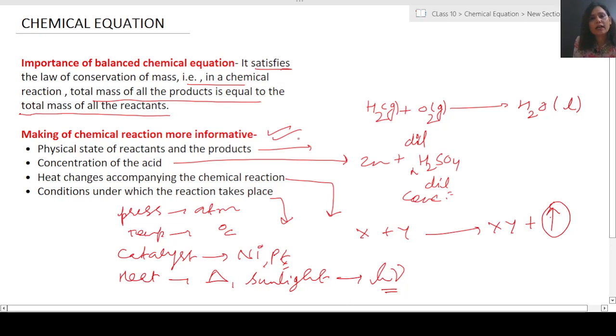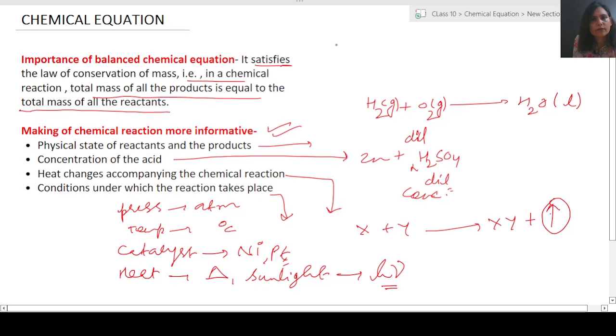For example, I'll give you one example of the conditions under which the reaction takes place. You can write simply CO plus H2O combines and it gives us CH3OH. On the arrow we write the conditions. The conditions you can mention are, for example, 300 atmosphere, and you can also mention the temperature, 300 degree Celsius, and so on.